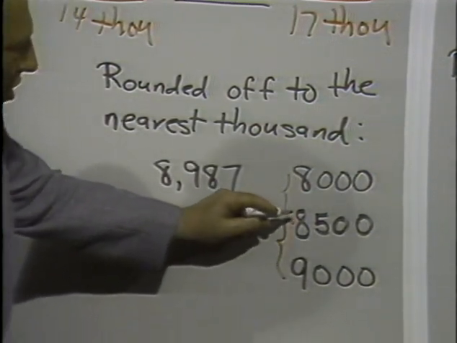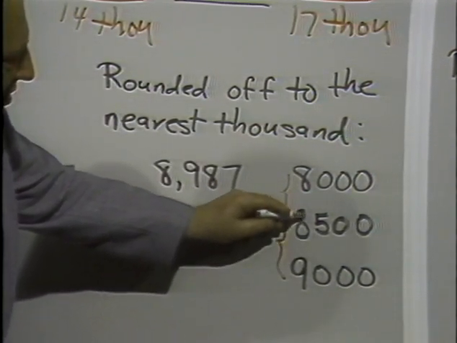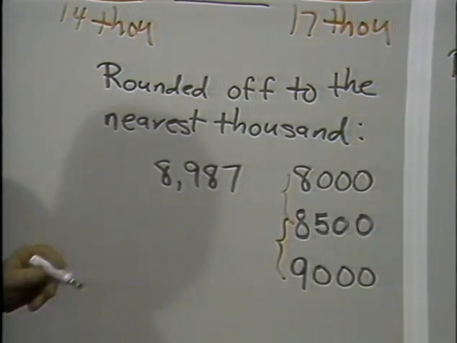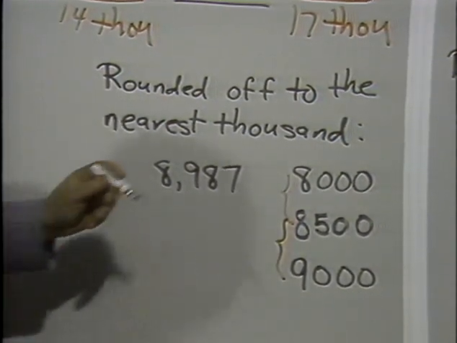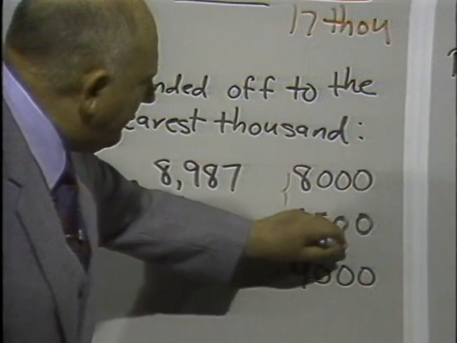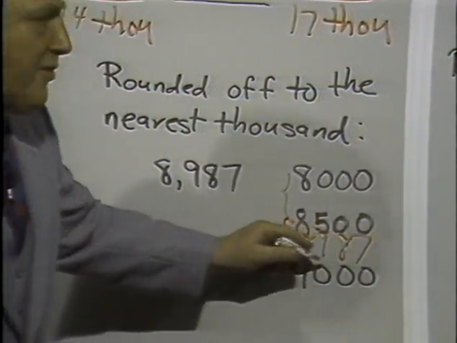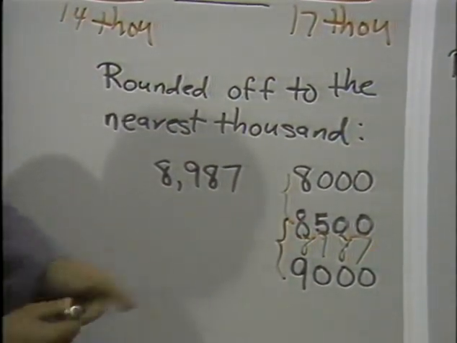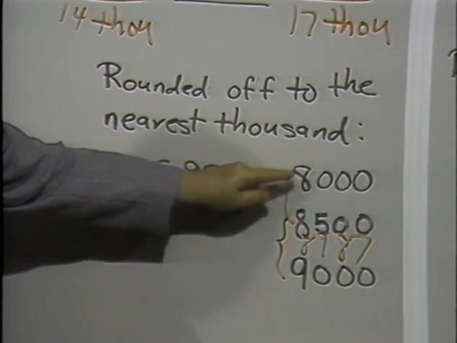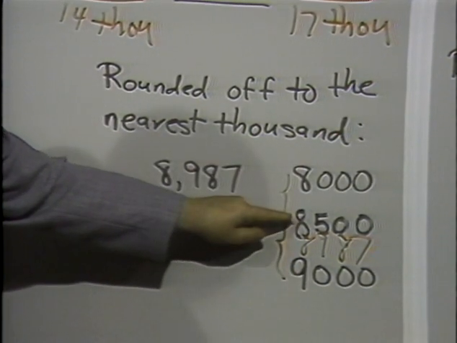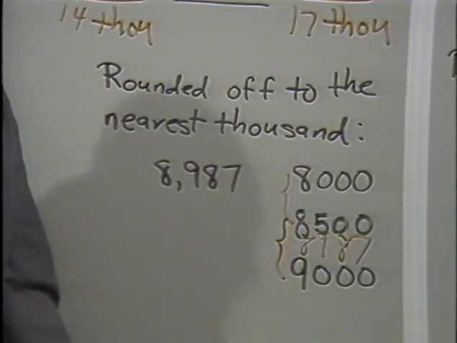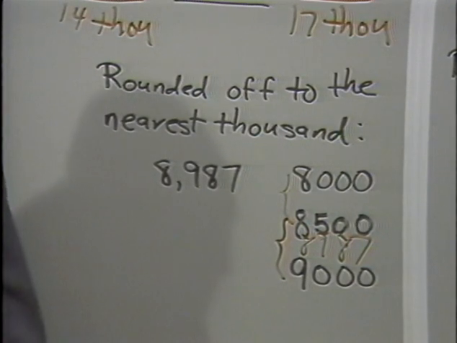Anything in this range will be between 8 and 9,000, but closer to 9,000. Where is 8,987? 8,987 is over here. That puts it where? Not just between 8,000 and 9,000, but between 8,500 and 9,000, which makes it closer to 9,000.